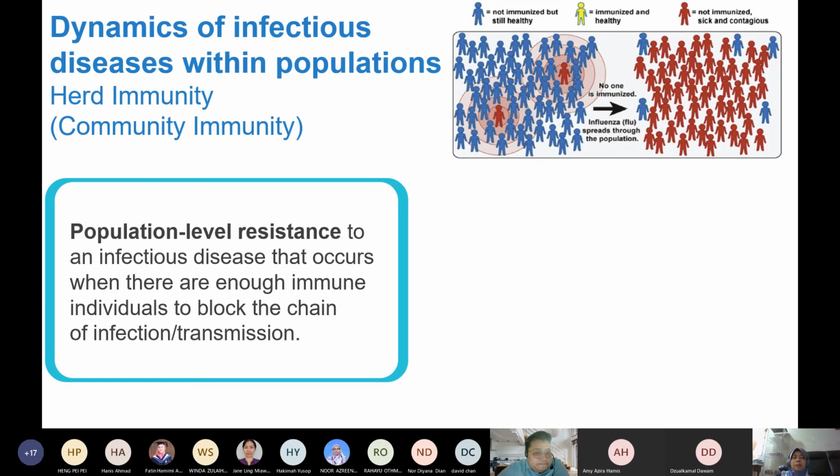Okay, looking back at immunity, this is our problem at the moment. We don't have herd immunity for the population of COVID-19. It's a population level resistant to an infectious disease. Not only that, we are also facing with anti-vax. So this happen, not immunized but still healthy.